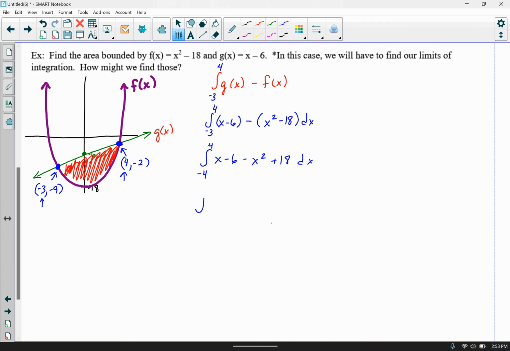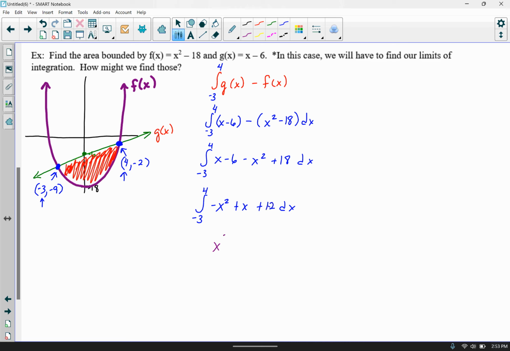All right, let's do one more clean up here. So I have negative x squared plus x plus 12.